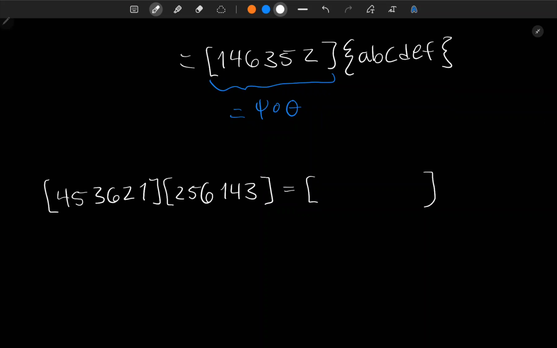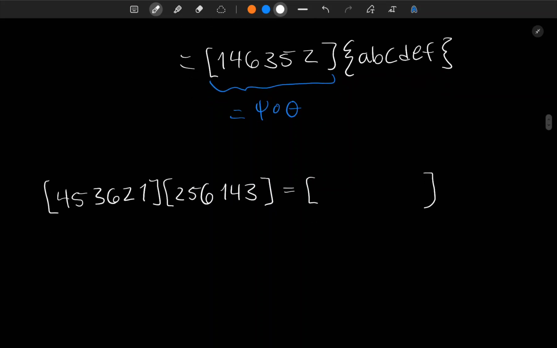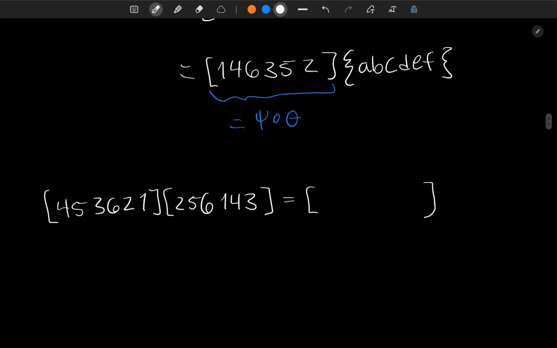And the way that you see this is the following. We say we start with the left. So the first position here is 4. So we draw some arrow from 4 here all the way to the fourth position of the right element. So that's a 1.